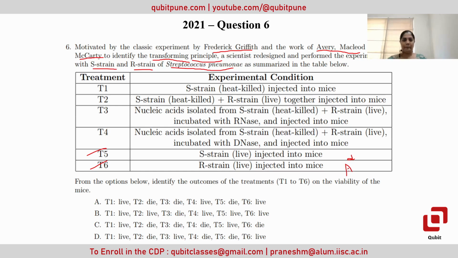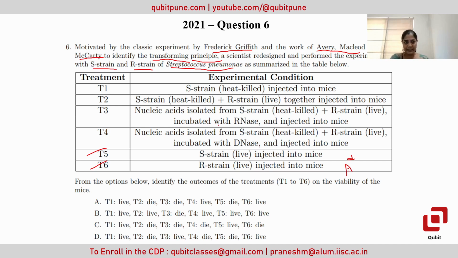Answer is D. Okay. So let's see each case. The basic understanding is that if the smooth strain, the S strain, is injected in mice, it will cause pneumonia and ultimately the mice will die. And if only the rough strain, which is a live strain, is injected in mice, the mice will be alive, so it won't die.